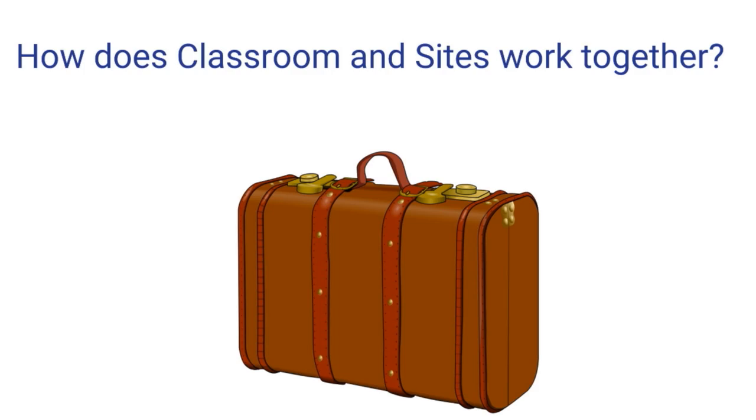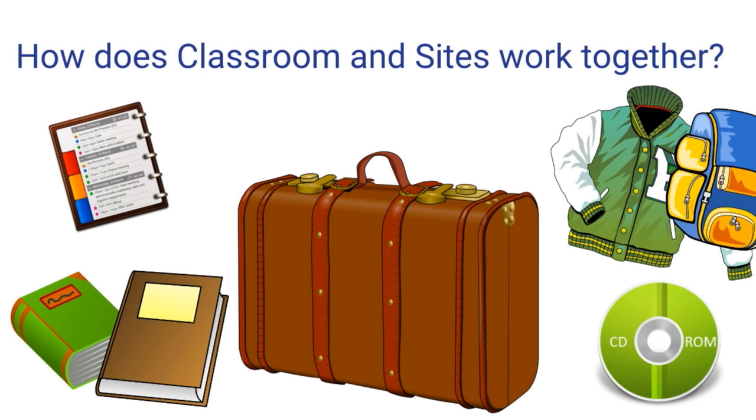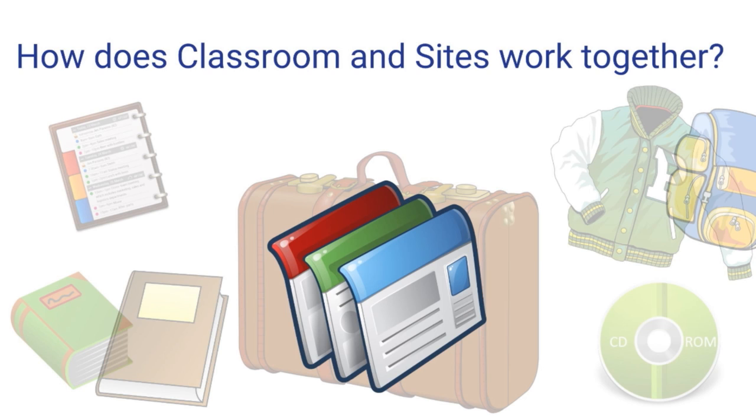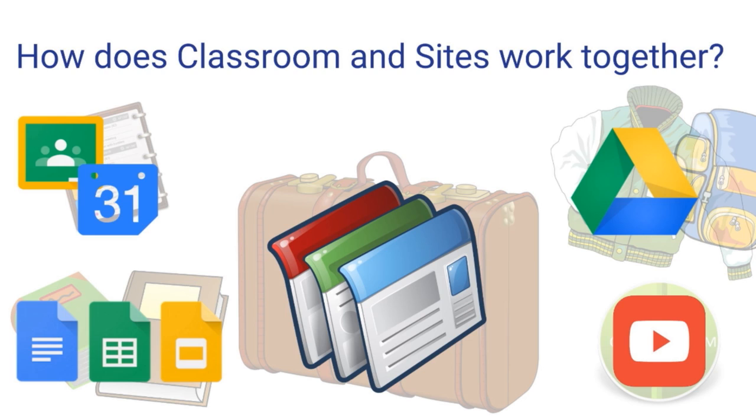We talk about this ever so often on the show, but take this flipped classroom model and look at your life as a suitcase. In a suitcase you have your jackets and your music and your books, and you have this thing up here that's basically your daily planner. It tells you what you're doing all the time. I kind of look at Google Sites as being that suitcase, that vehicle for all of this stuff to come in, where your books turn into your Docs, Sheets and Slides, and your music, of course, turns into YouTube.